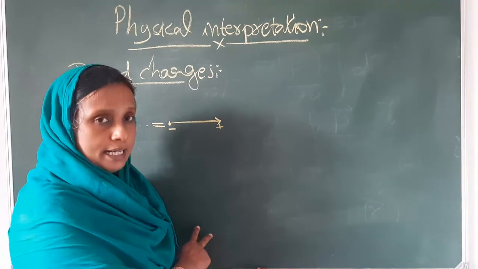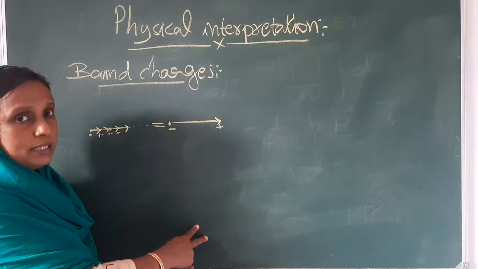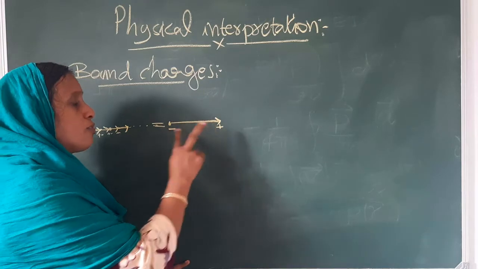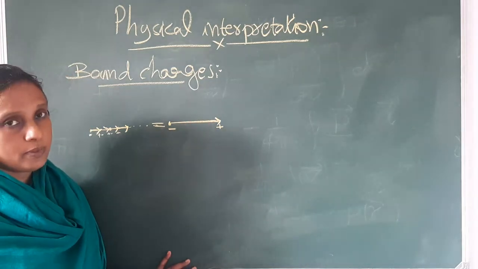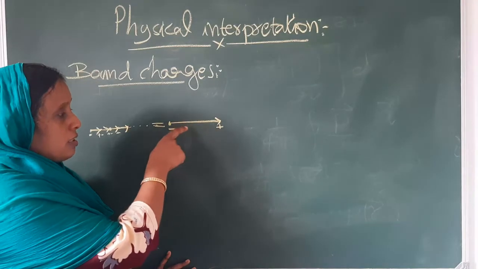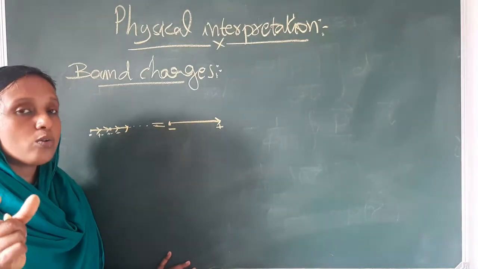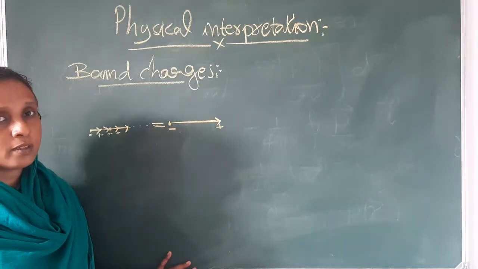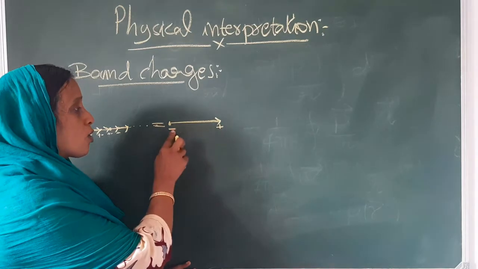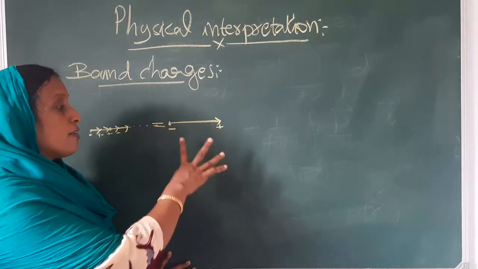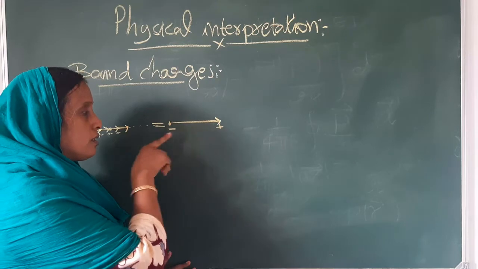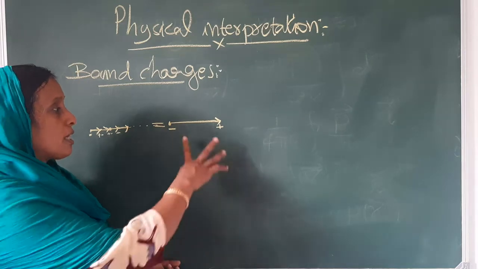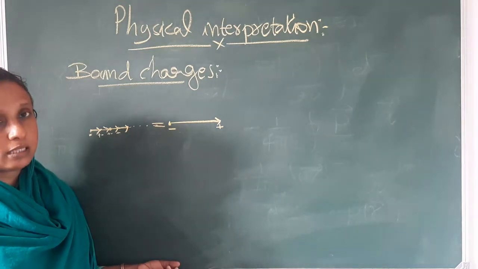So for a uniform polarization, a net charge resides at the ends of this polarized object. This object looks like a long dipole with two charges separated by a distance d. These charges are called bound charges because they can't flow through the body.